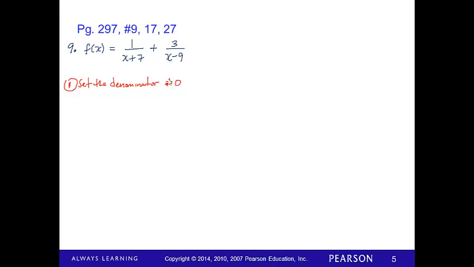So we have x plus 7 does not equal 0, and x minus 9 does not equal 0. Then step 2 would be to solve for x. So x cannot equal negative 7 and x cannot equal 9.